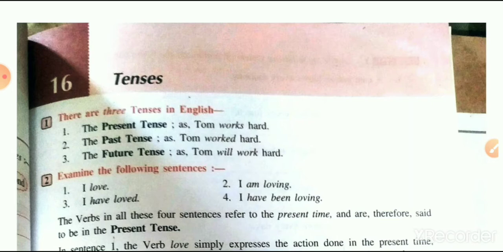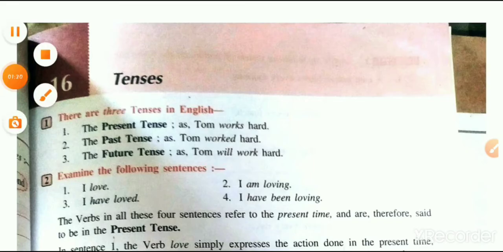So now students, today's topic is tenses, and we will be discussing what tenses are. Before we move on to the detail part, let us see how we by ourselves can form tenses and what basically tenses are.